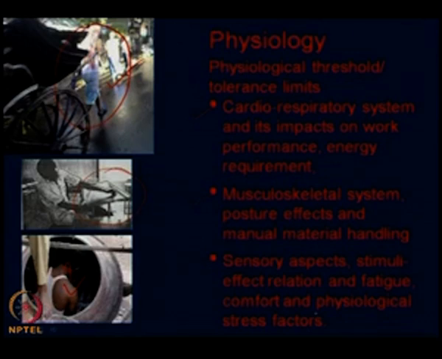By that way we can say that physiological threshold and tolerance limits in respect to these we need to know, and based on this one can evaluate a new design, a new work method and process, whether it is beneficial to the intended user.